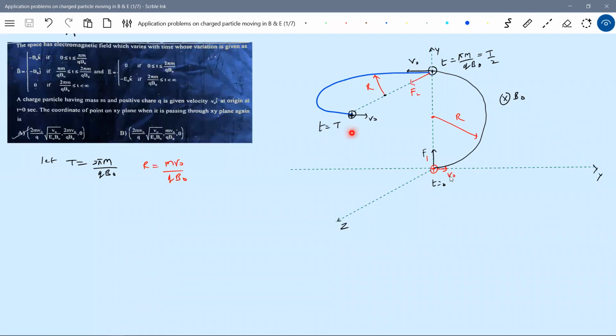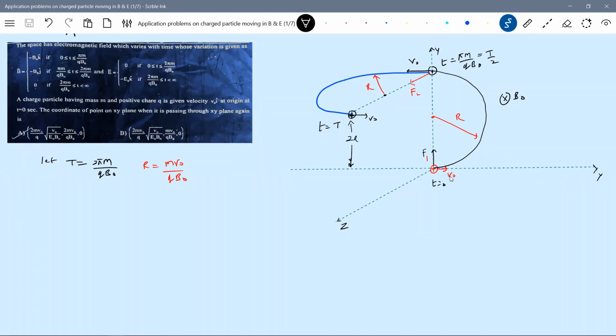What is the height it will rise? 2r. So can we write the coordinates of this?